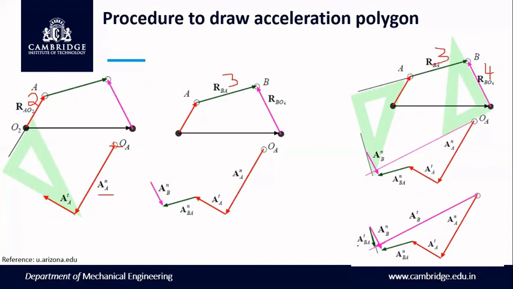So that is the tangential component of acceleration of point B with respect to A. And then finally you join this BA with OA, that gives us the tangential component of point B. By measuring the length of that vector, we can find the acceleration of link 3.